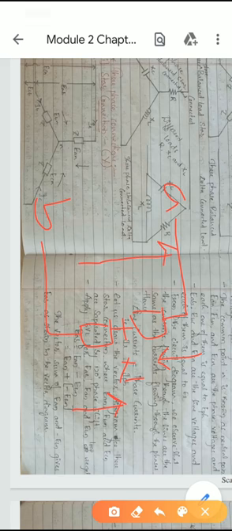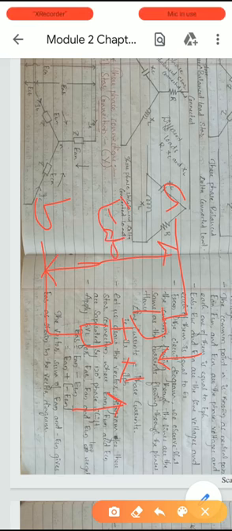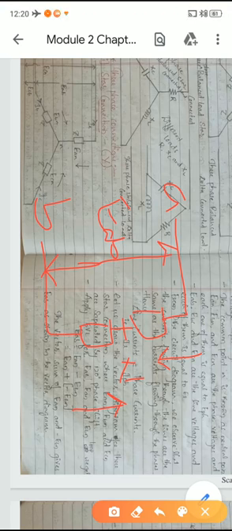This voltage I can write as EAB. This is my neutral point, this voltage will be EAN, and this voltage will be EBN.